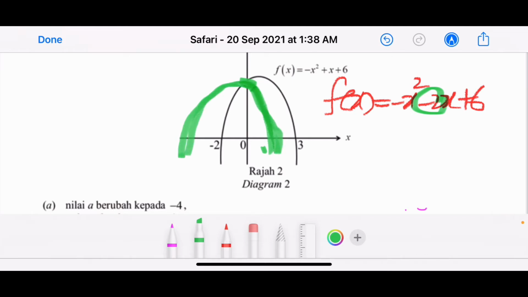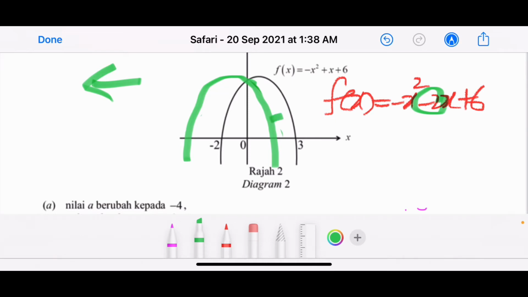Okay, it's still an N shape. It must be a nice N shape, right? But it shifts to the left side. So this is the function whereby we change the b to negative 2.